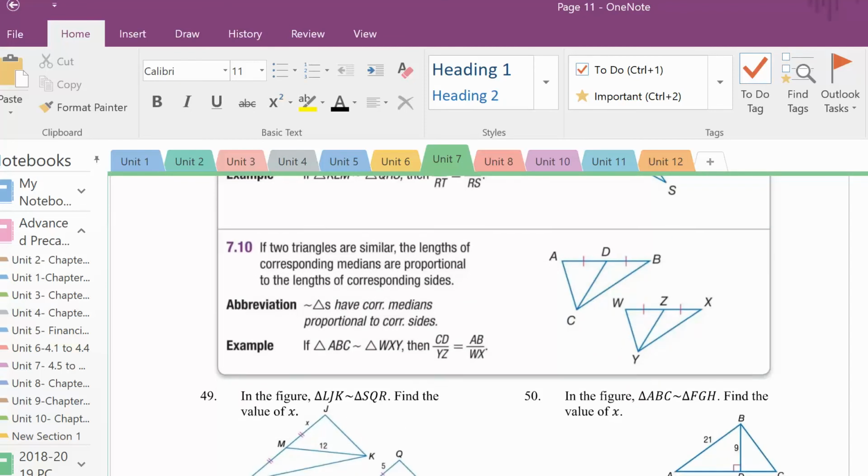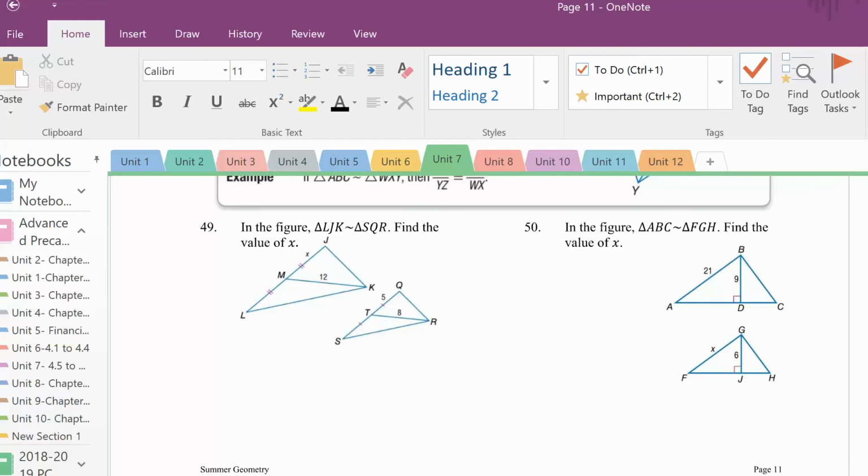So for example, if the two triangles here are similar, and I know these are medians because they divide the opposite sides into equal parts. So basically here, the ratio of the medians, 8/12, should equal 5/x.